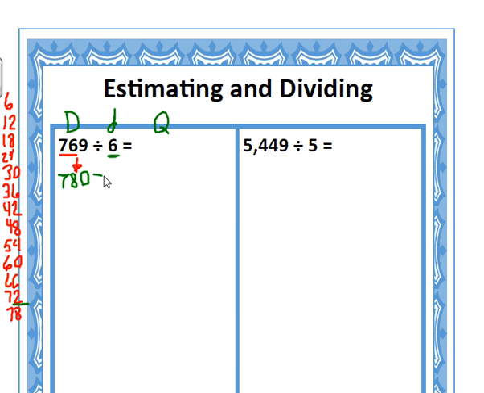And so then we have our division problem. 780 divided by 6 equals our quotient, and this is our estimate. So 78, 1, 2, 3, 4, 5, 6, 7, 8, 9, 10, 11, 12, 13. So 78 divided by 6 is 13.